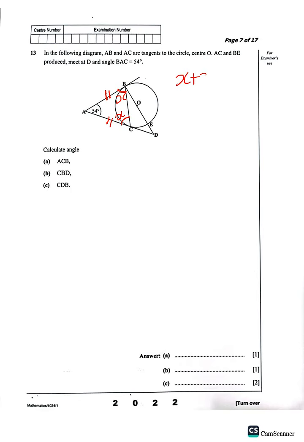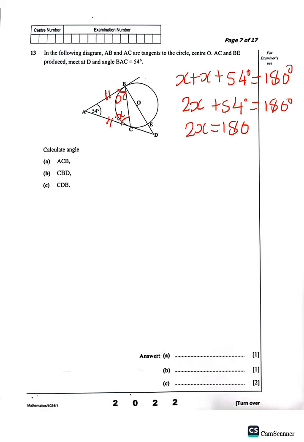So x plus x plus 54 degrees is equal to 180. A triangle adds up to 180. x plus x is 2x plus 54 is equal to, then the 54 will go to the other side, 180 minus 54. So 180 minus 54 is 126.